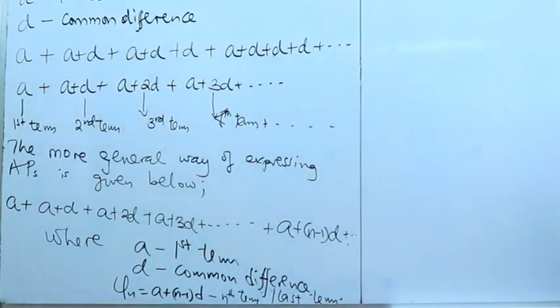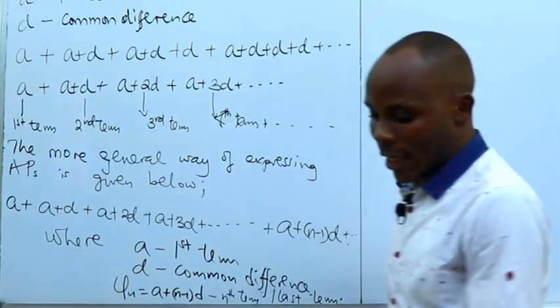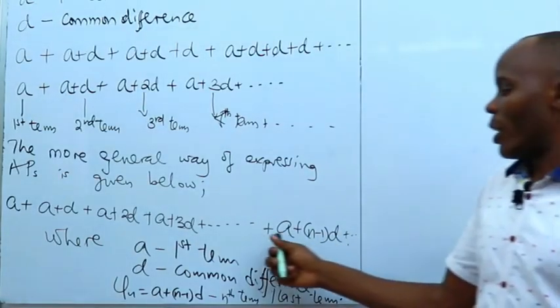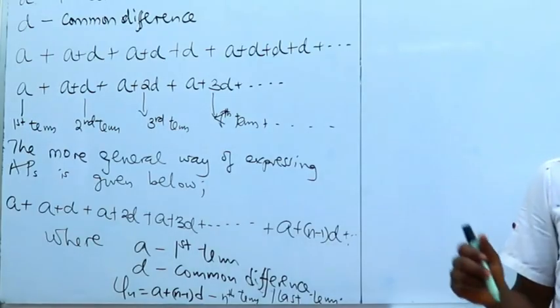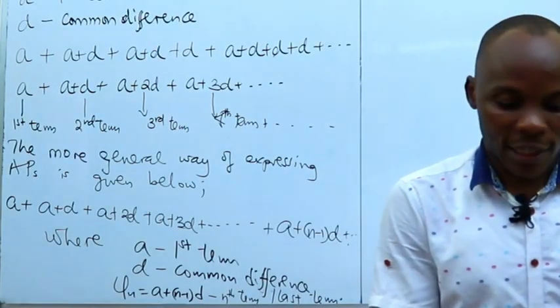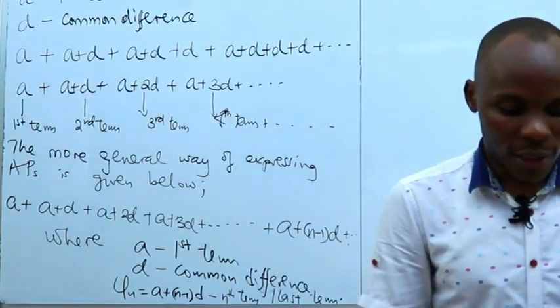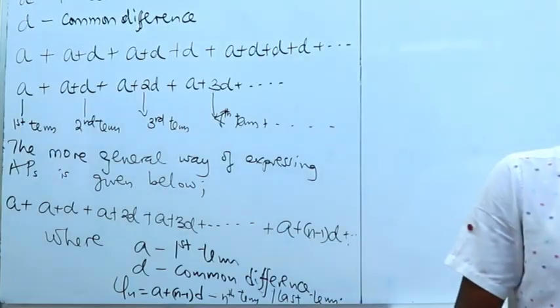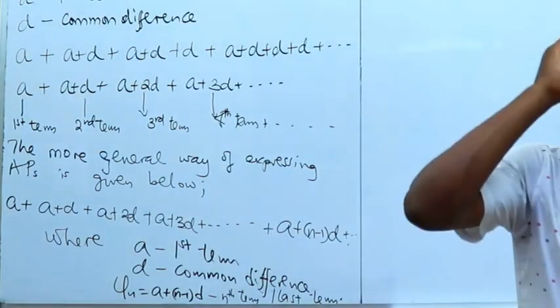If you're given a series which is finite, in other words, a series which has got an end. Such a series which has got a last term, its nth term then applies at that level.